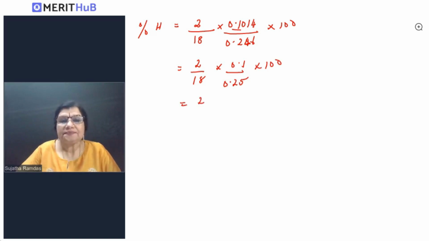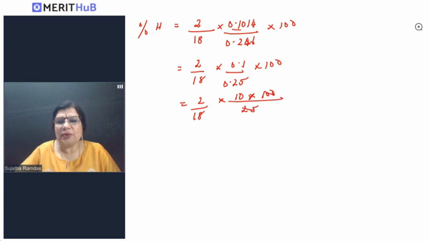So similar calculation, 0.1 into 100 is 10 into 0.25 would be 25 by 100. So we again cancel 25 fours are 100, right? So here we have 20 into 4, 80 by 18.